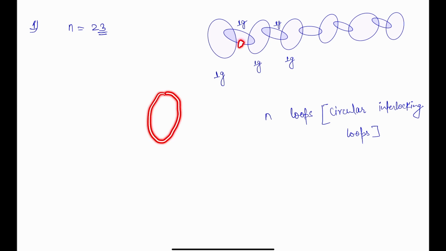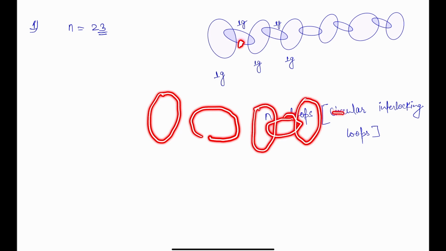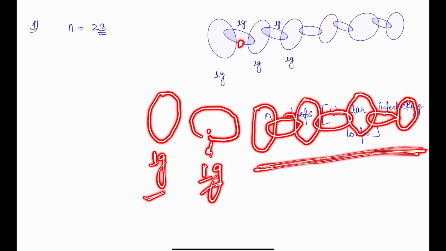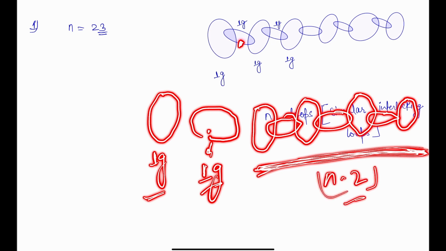It will look like this: this half-cut loop, the next one, and it will continue. This one will be 1 gram, this one also 1 gram, and the rest will be n minus 2 grams, if there are n total loops. This is how it is happening.